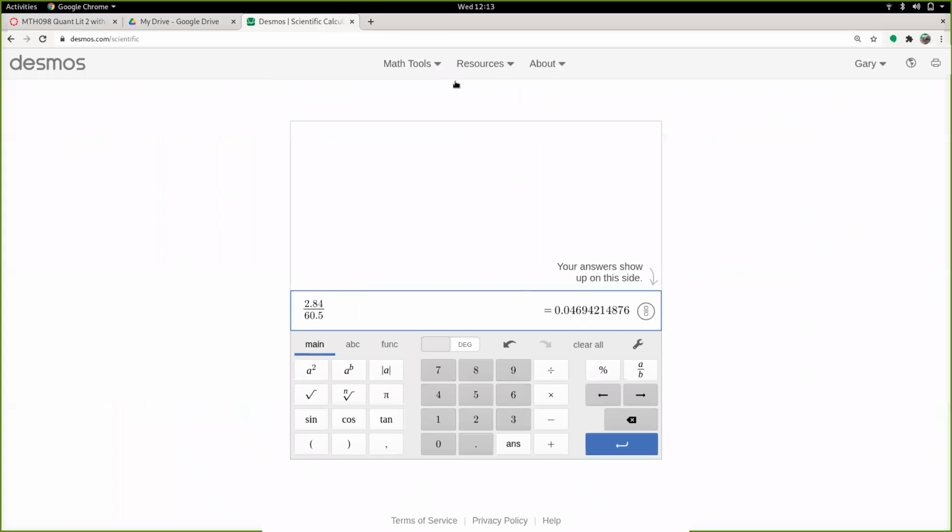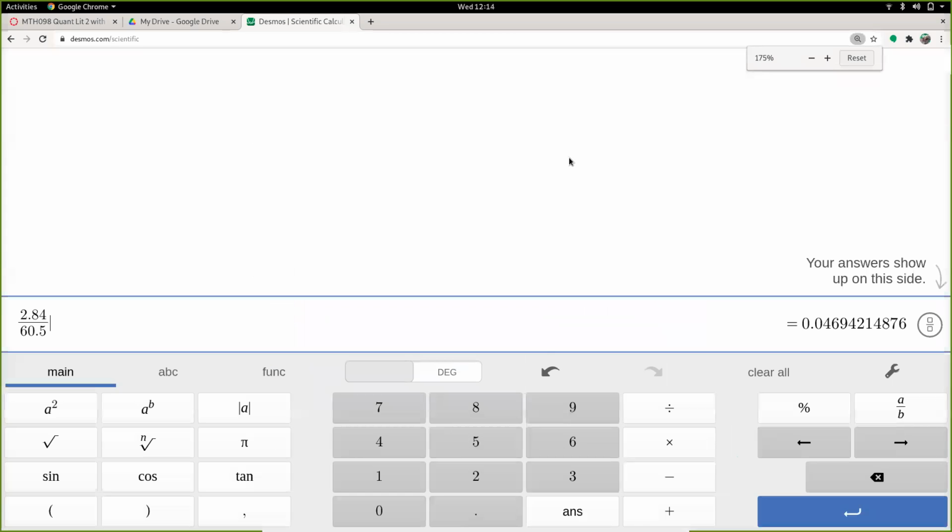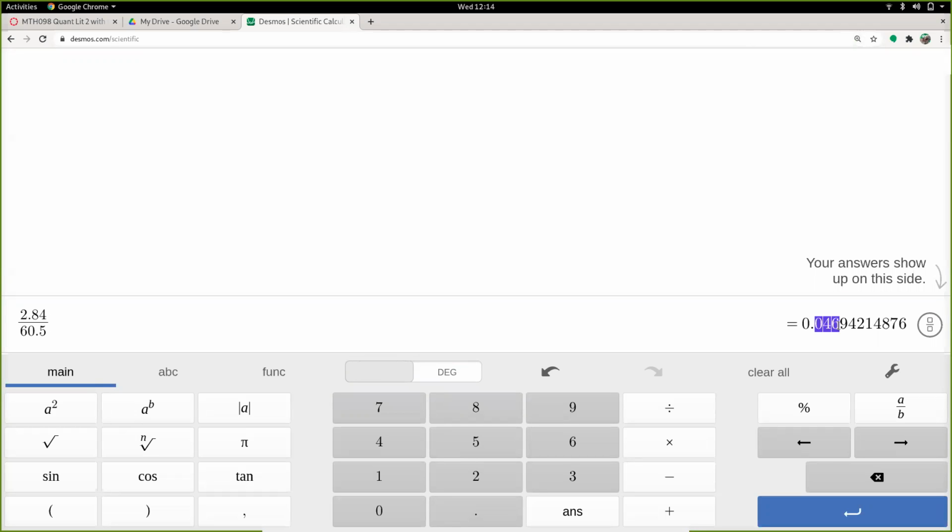Switch back. All right, so my calculator says it's 0.0469, and so on. That's a lot of values there. So maybe I'll go to 3 decimal places. So 3 decimal places, I would call it 0.047.